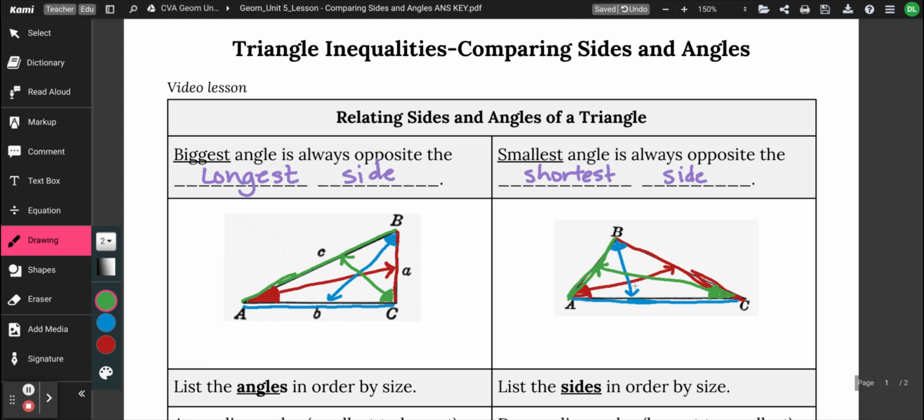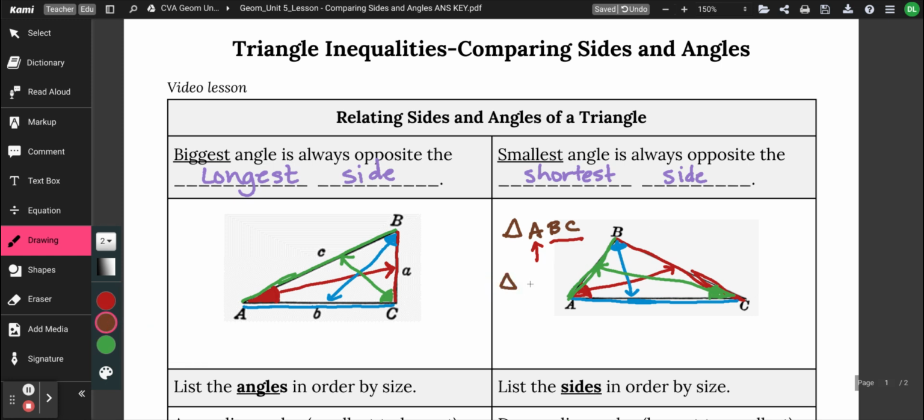Now, if you pay attention, we have a triangle. So this is triangle ABC. If we are looking at angle A, angle A is across from side BC.